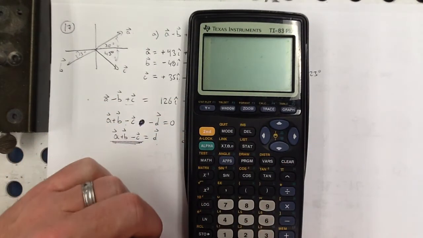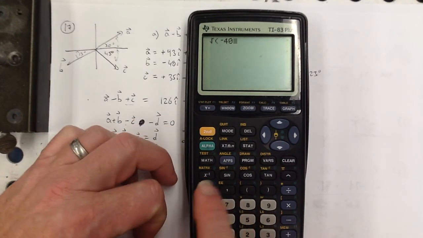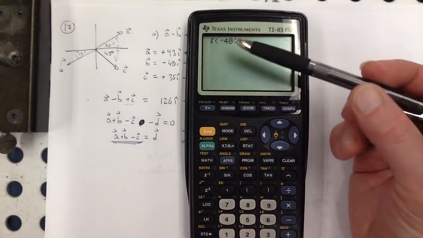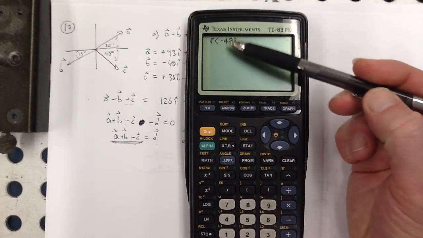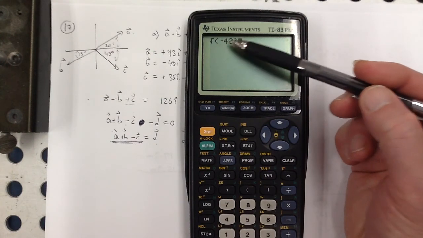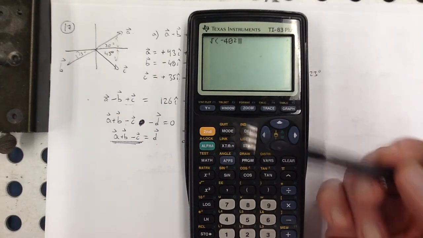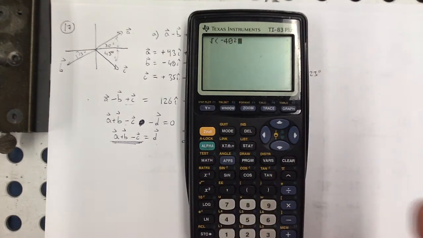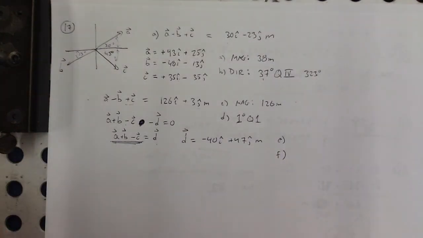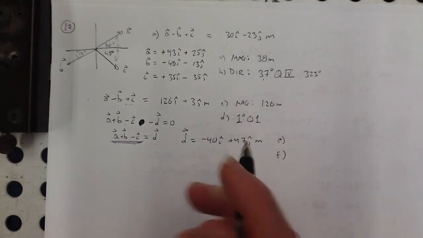If you do this, wrong. The calculator thinks that what you mean here is that you want the negative of 40 squared. It doesn't think that this means negative 40 squared. So if you put it in like this, you are going to get the wrong answer. And that is a rookie mistake. So the pro move here is to just ditch the negative sign. Don't put the negative sign.